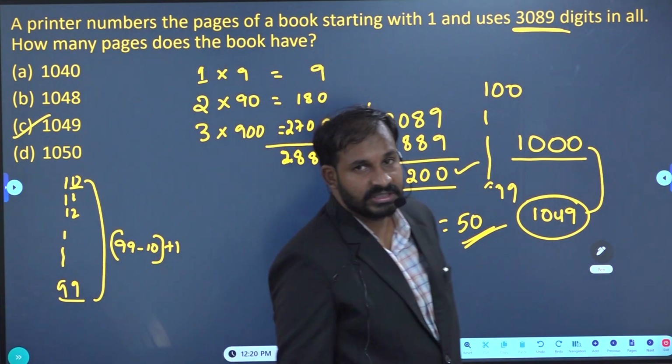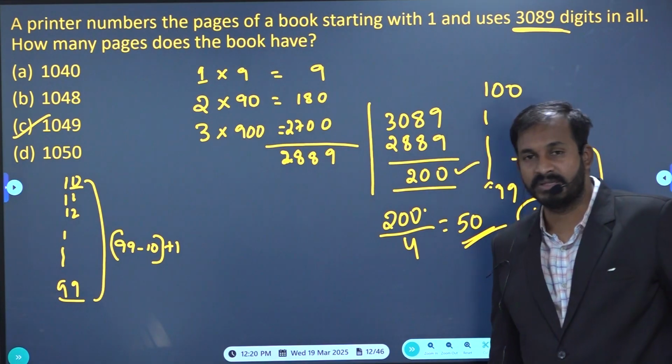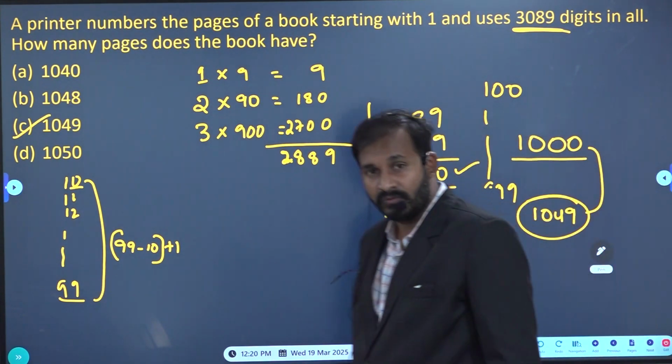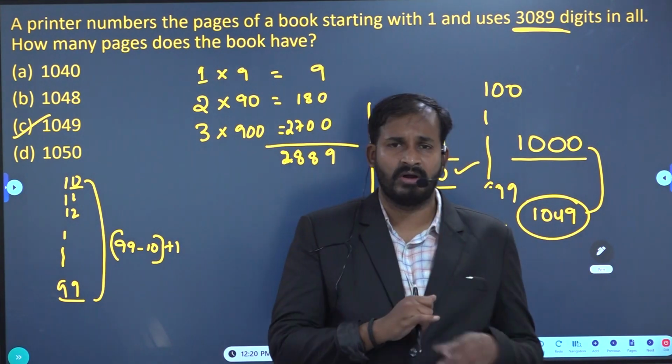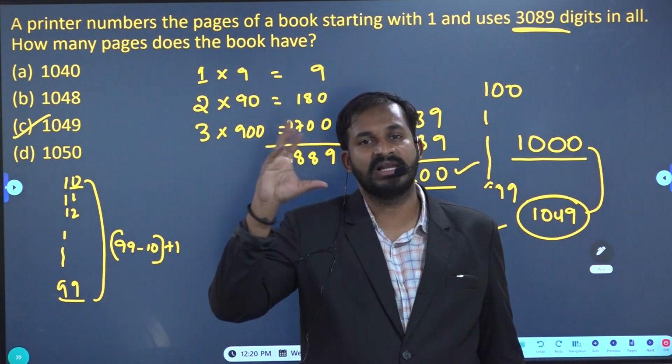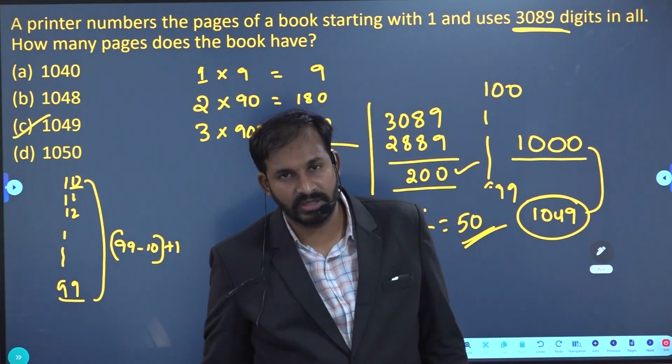That means he used 3089 digits to write the page numbers up to 1049. So if you want to count the digits, you should go in order: 1-digit numbers, 2-digit numbers, 3-digit numbers, and the leftover digits will be used to write the 4-digit numbers.